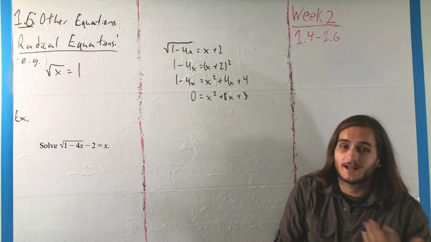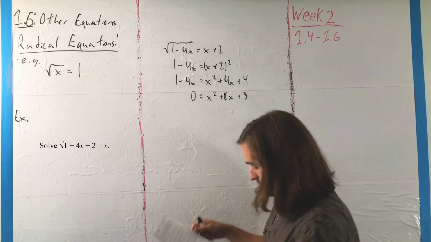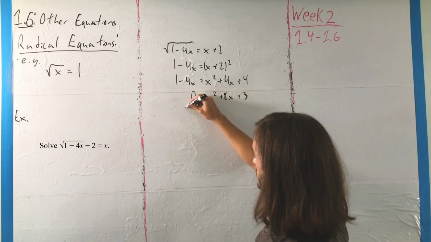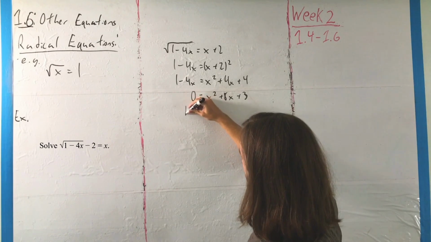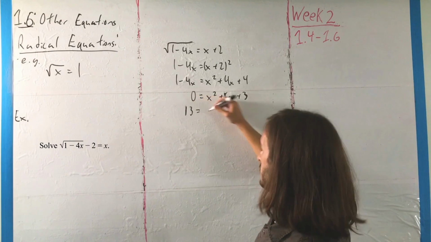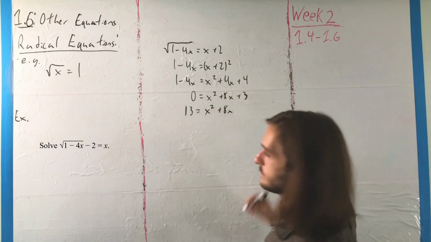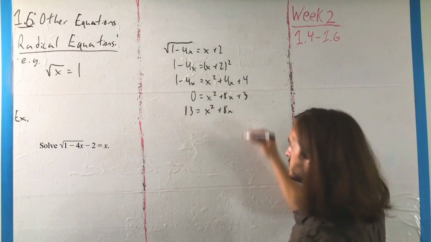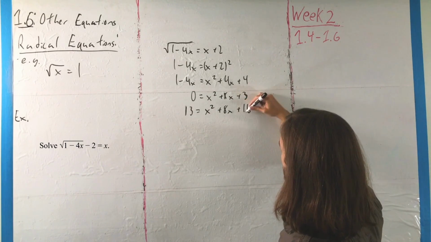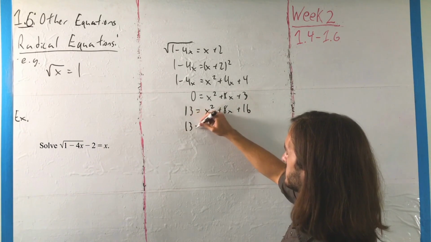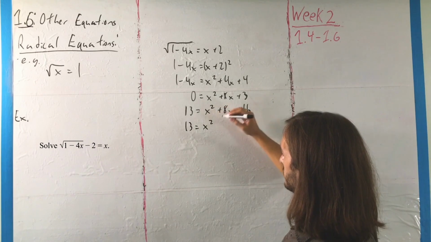I've got 3, so I'm going to add 13 to both sides. It's not the most obvious thing in the world, but it's what I'm going to do here. So I'm going to add 13 on the left side. 0 becomes 13. X squared remains x squared. 8x remains 8x. And then 3 plus 13 is 16. So this becomes 13 equals x squared plus 8x plus 16.